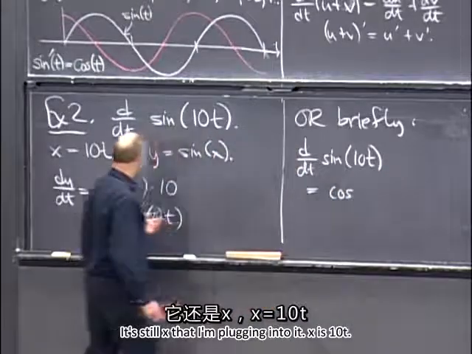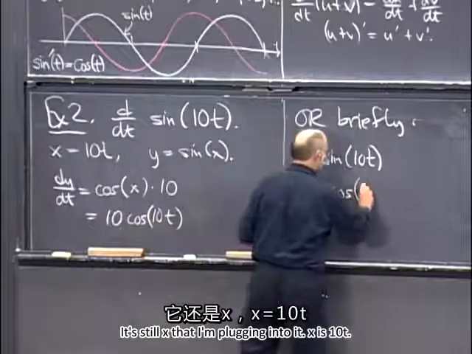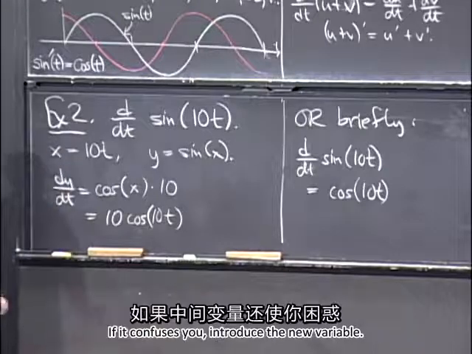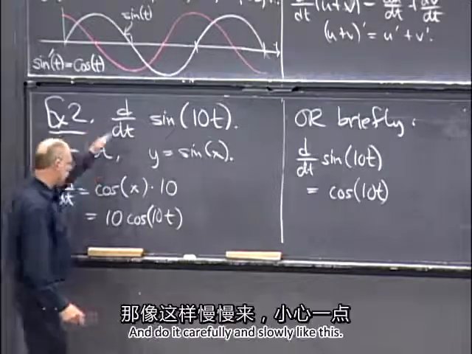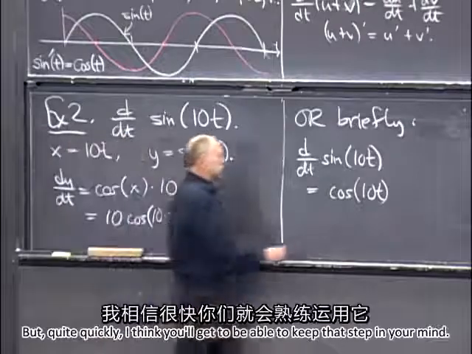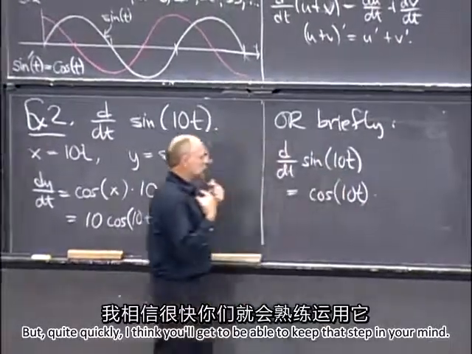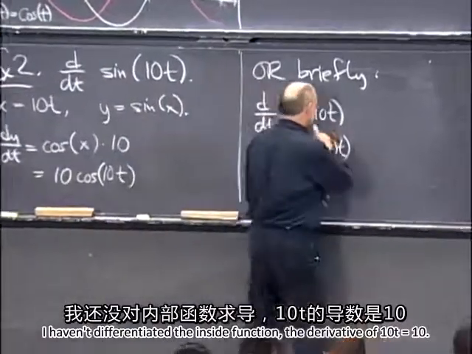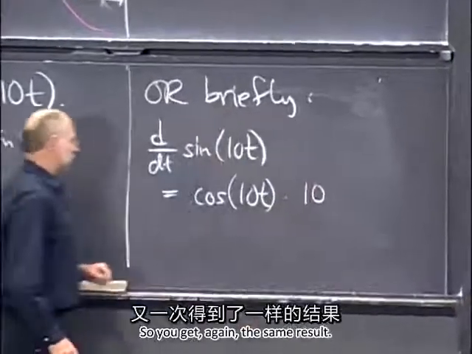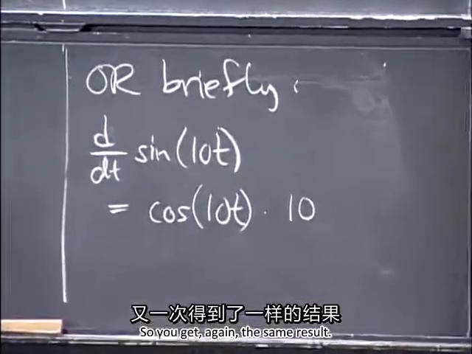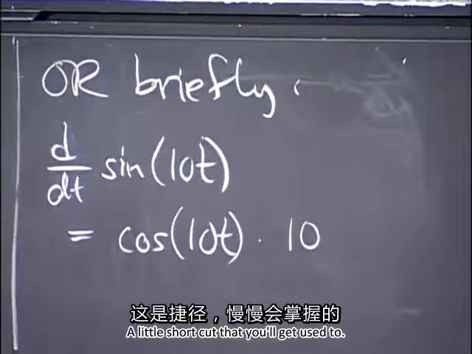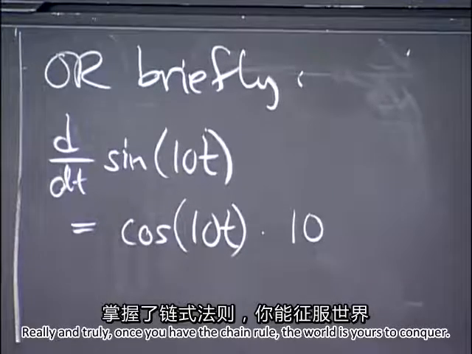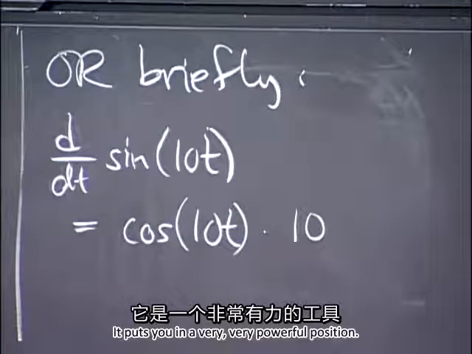It's still x that I'm plugging into it. x is 10t. So let's just write 10t and not worry about the name of that extra variable. If it confuses you, introduce the new variable and do it carefully and slowly like this. But quite quickly, I think you'll get to be able to keep that step in your mind. I'm not quite done yet. I haven't differentiated the inside function. The derivative of 10t is 10. So you get, again, the same result. A little shortcut that you'll get used to. Really and truly, once you have the chain rule, the world is yours to conquer. It puts you in a very, very powerful position.